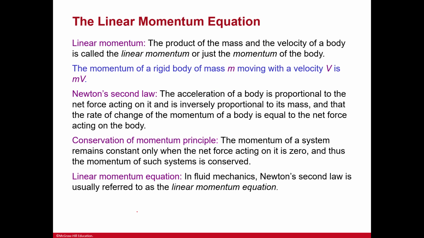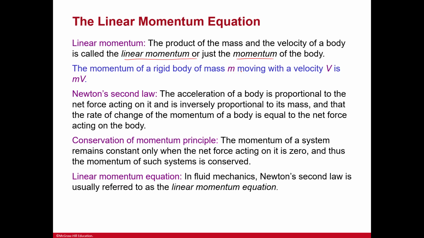So linear momentum, you could definitely think that that's related to the flow of our fluids, right? The product of mass and the velocity of a body is called the linear momentum, or just momentum, of a body.